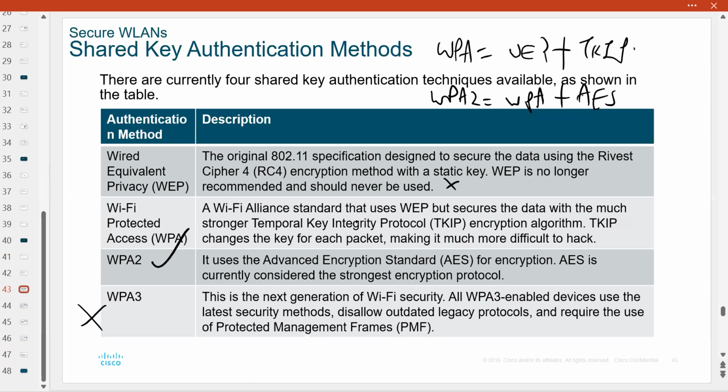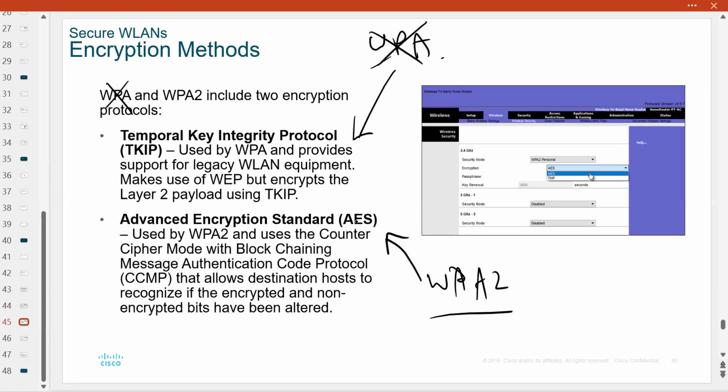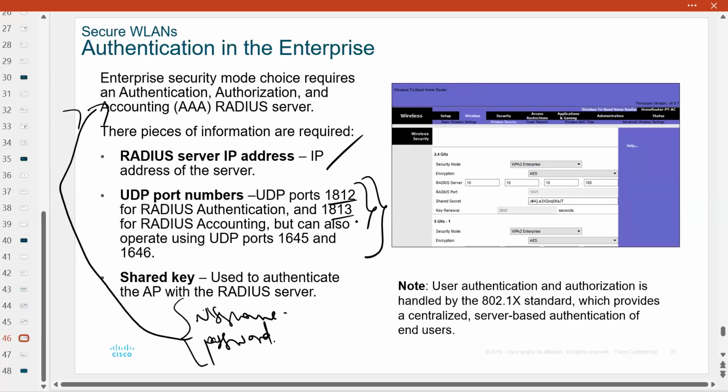With a RADIUS server, it means you need to know the address of your server, which you must configure. The wireless controller must be told which server it is using, or the access point must be told which server it is using for authentication. Those are some of the configurations that we are going to be going through.